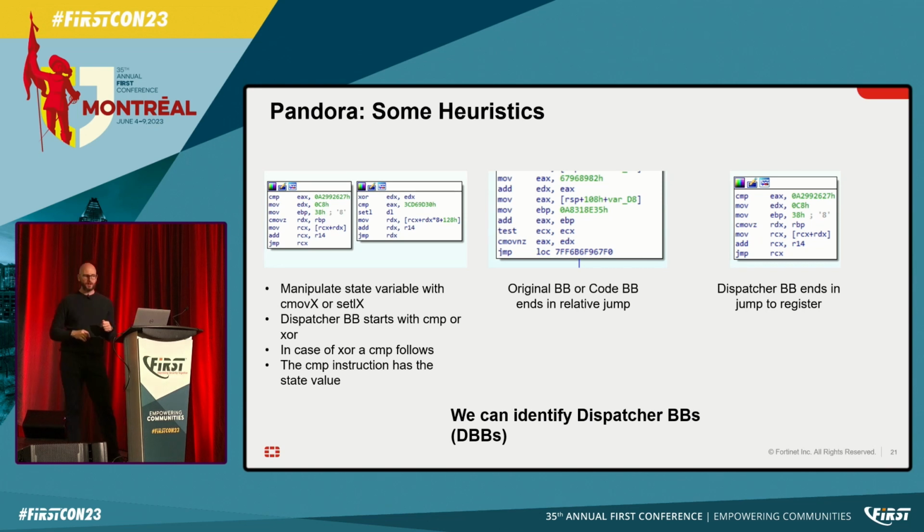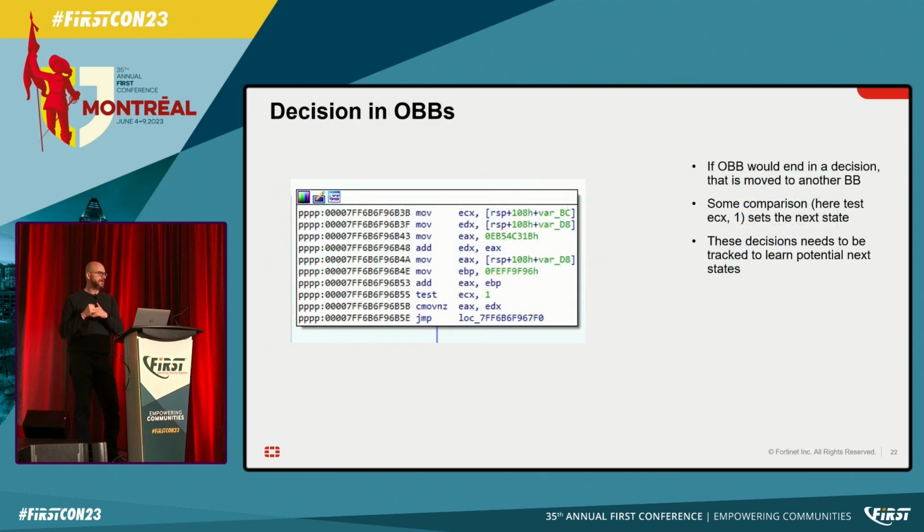Decision basic block, this is just something interesting from the logic of the obfuscation. So if in the original code you have a decision in the basic block and it ends in a conditional jump, in the flattened code, it's going to still end with a jump to that one basic block, and it's going to go back to the state machine, which is going to take it to a basic block, which is going to be the decision basic block, where it actually makes the decision that was originally in the same block.